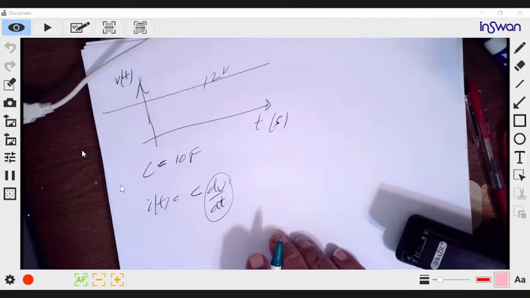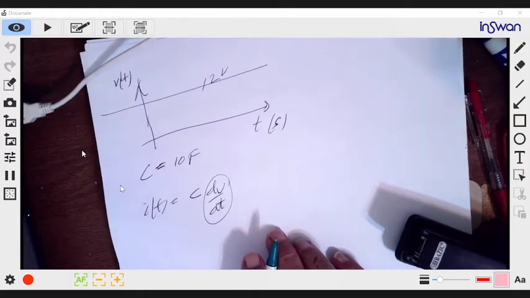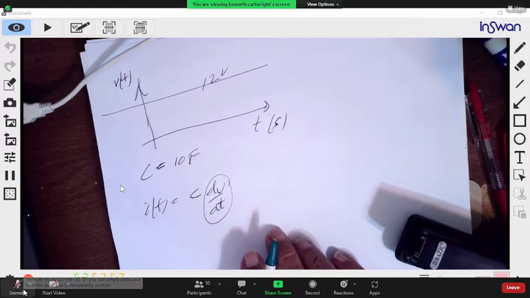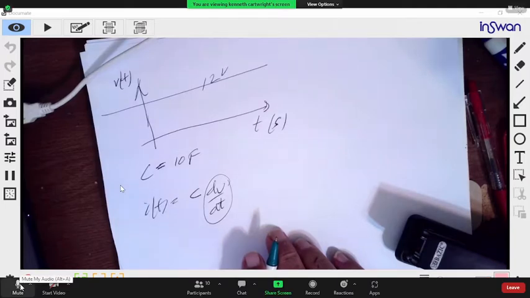You didn't put a value for time. Do you really need a value for time? It doesn't look like the voltage is changing. Okay, the voltage is not changing. So how quickly is it changing? What's the value of dV/dt?